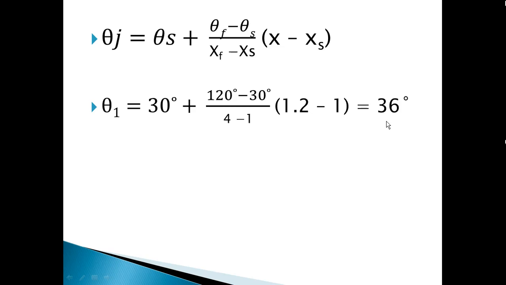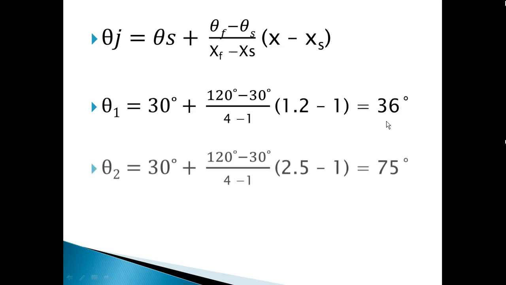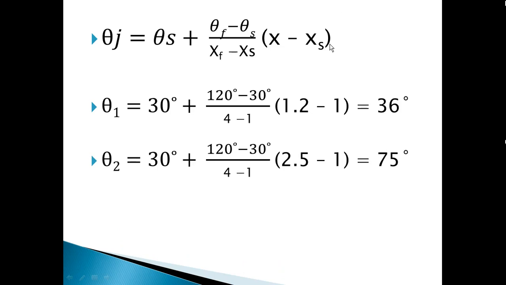Similarly, I am going to repeat this for theta 2, where I just replace the 1.2 with the x2 value, that is 2.5, which has been calculated previously by the Chebyshev spacing equation. Putting in the values, 2.5 minus 1, I am getting 75 degree.